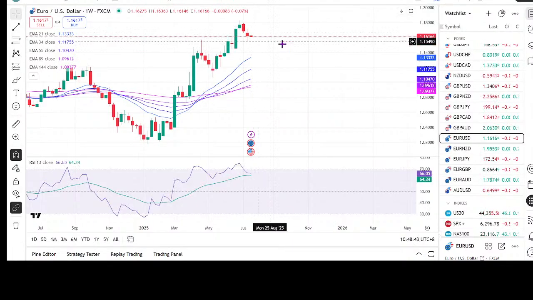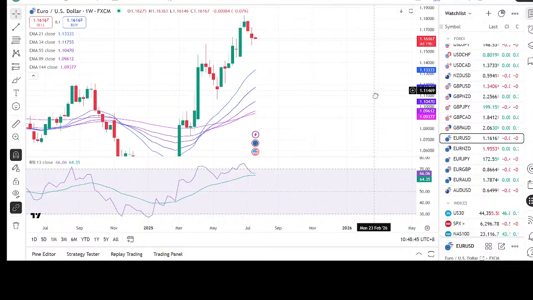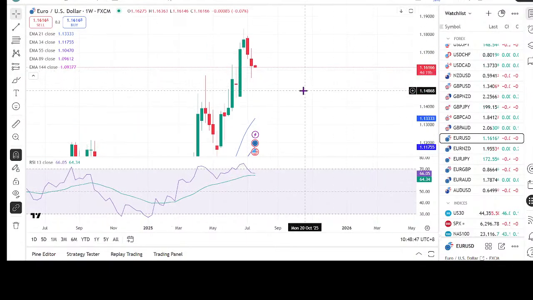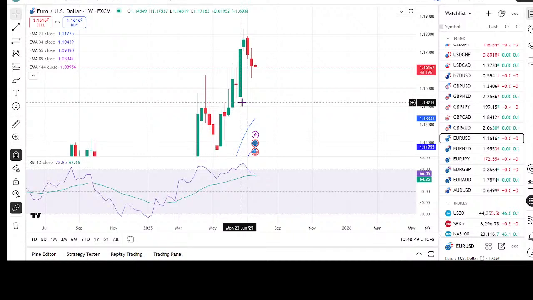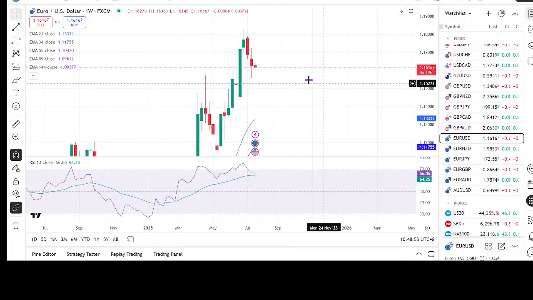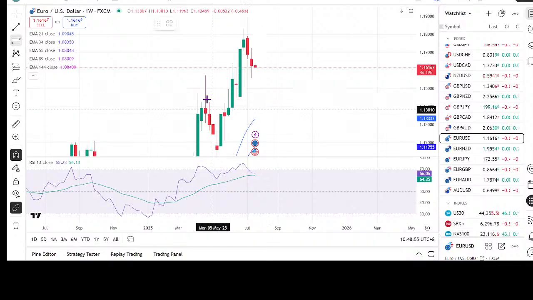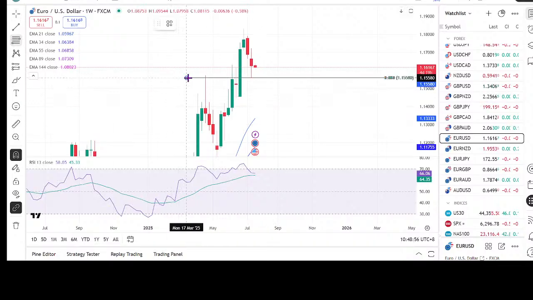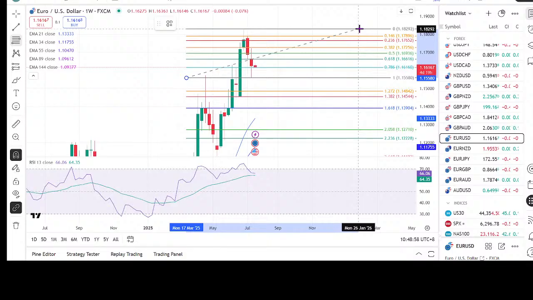So we are expecting the price to move even lower towards 144.50. If we look for extension, I think we can comfortably put 144.50 as our weekly target.